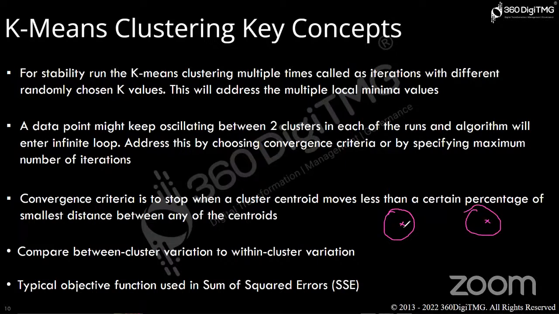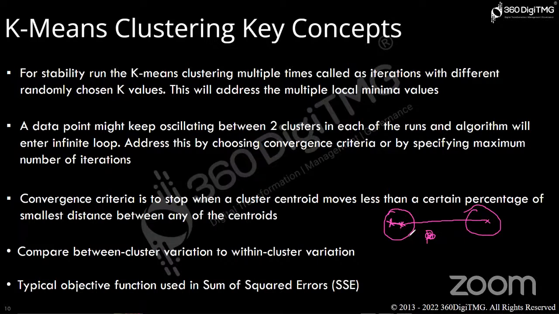Between cluster variation is cluster to cluster variation: what is the variation from one cluster to another cluster? Within cluster variation is inside a cluster, what is the variation of a data point from its cluster centroid?